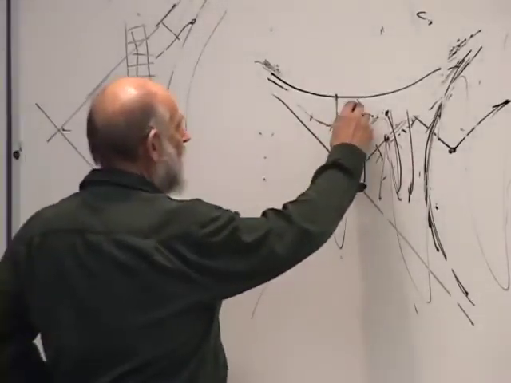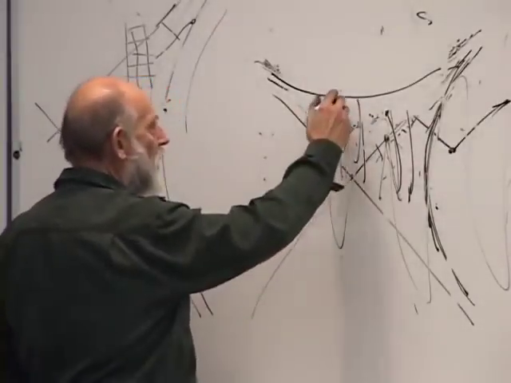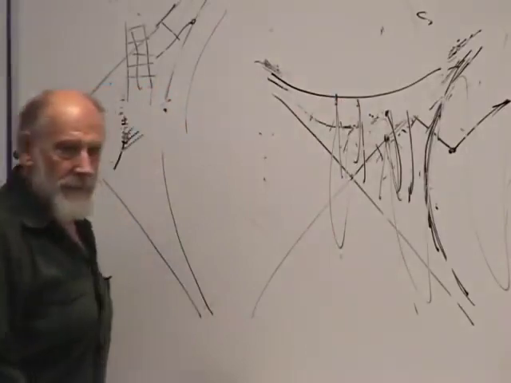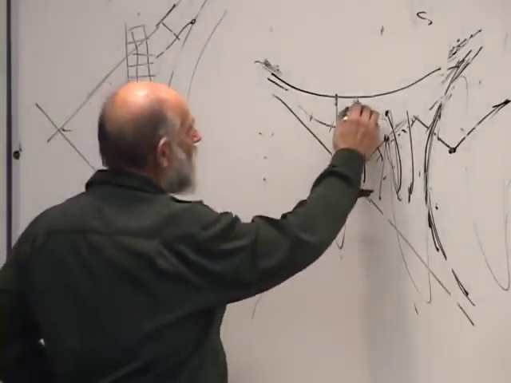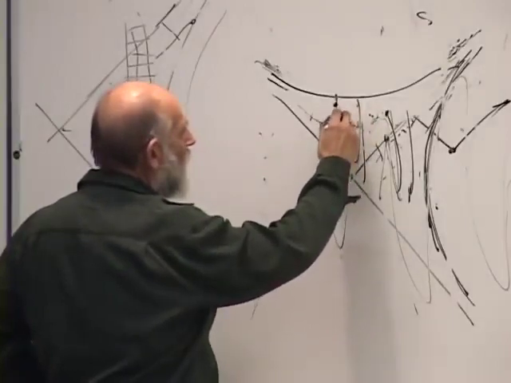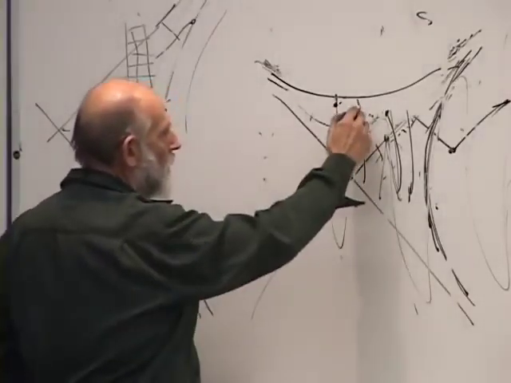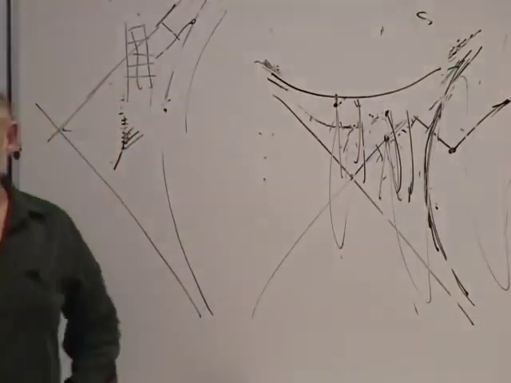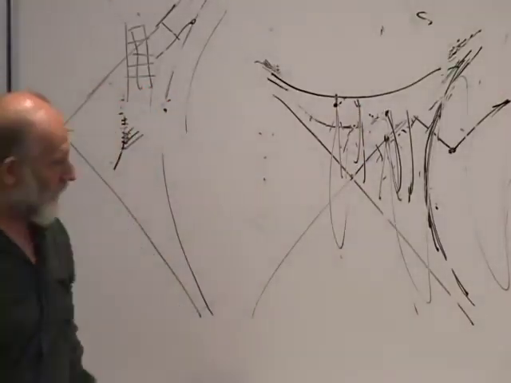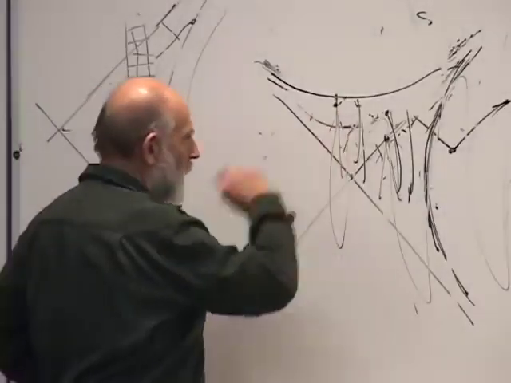We know atoms influence each other. But when they get too close to the singularity, this atom over here cannot send a signal to the other one. Why? There's not enough time to send a signal. They fall out of causal contact with each other.